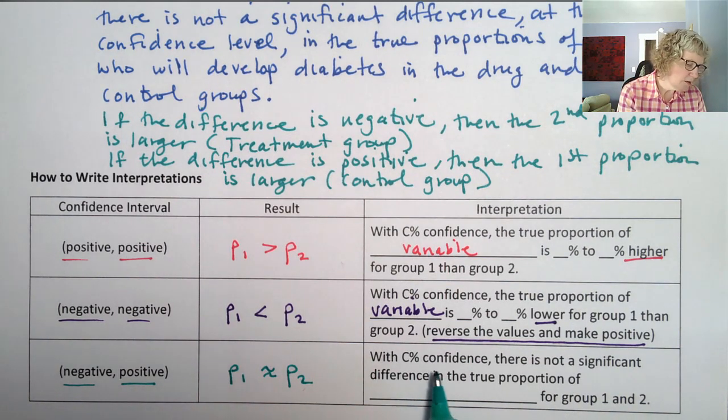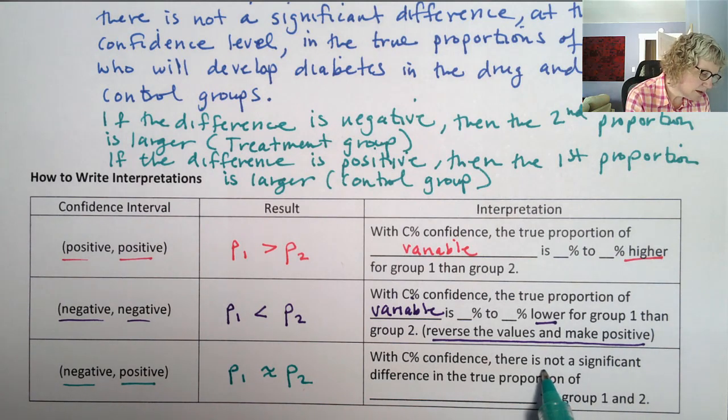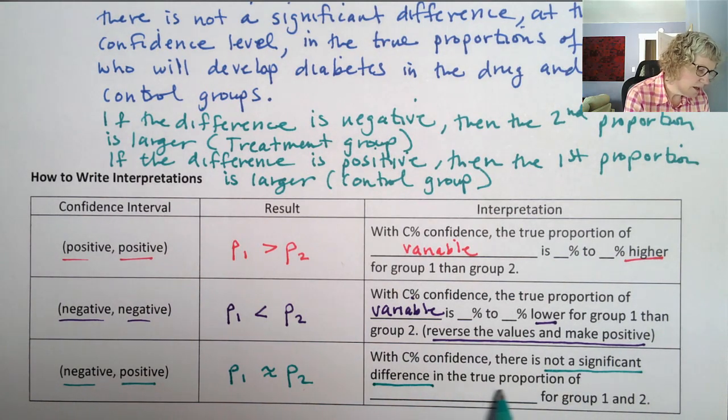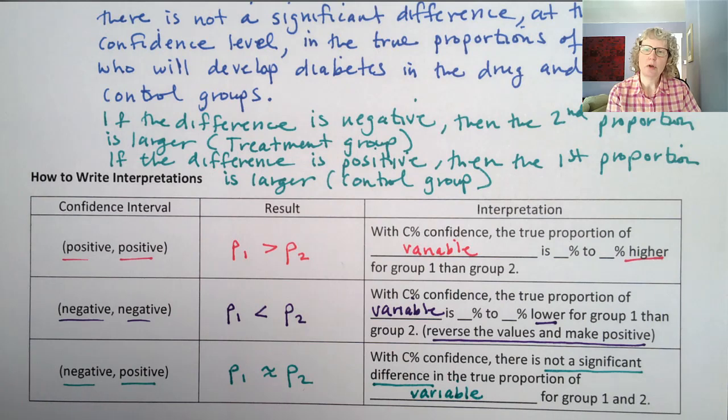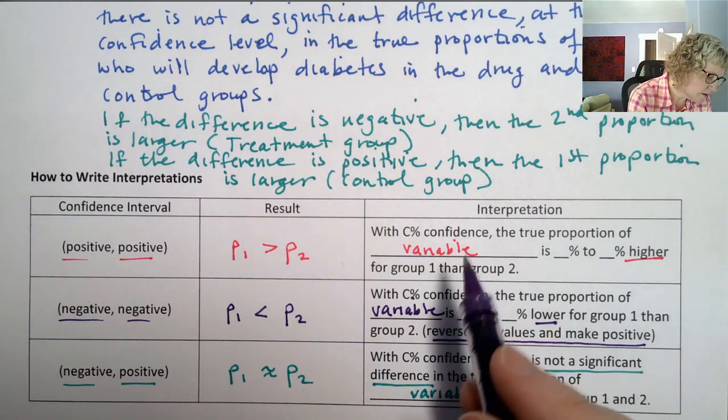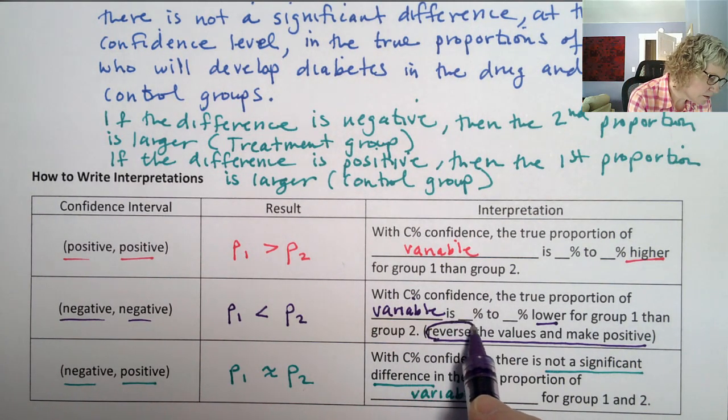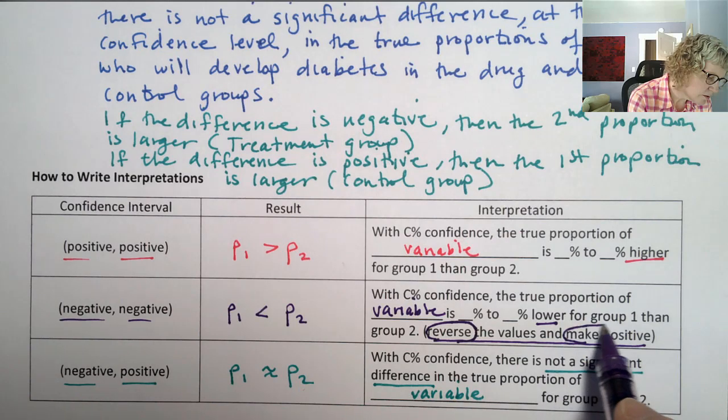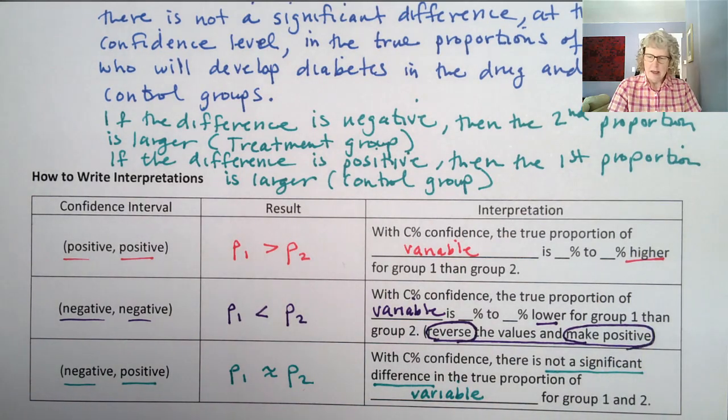With C percent confidence, there is not a significant difference in the true proportion of whatever we're measuring, the variable, for groups 1 and 2. Great. So try that out, especially the reversing and making positive. I'll actually circle those. And great, I'll see you in the next video.